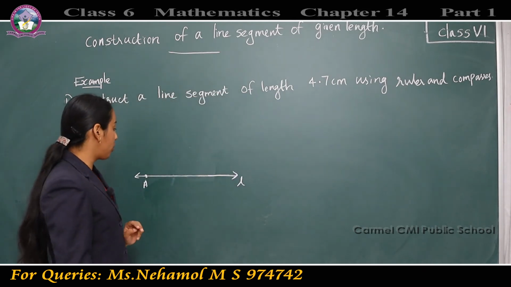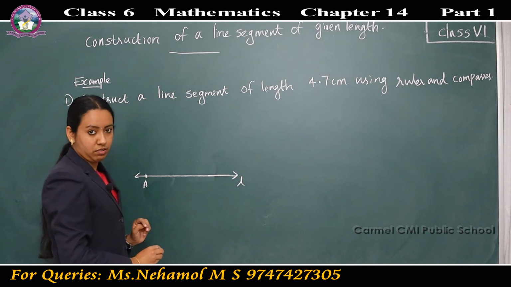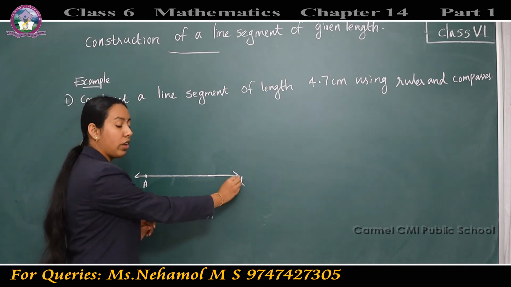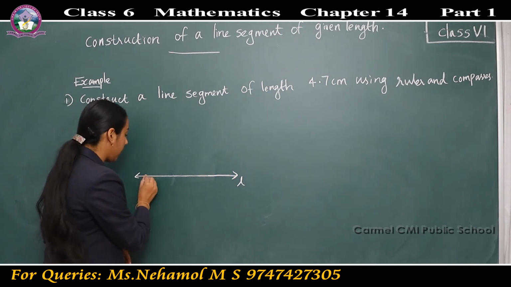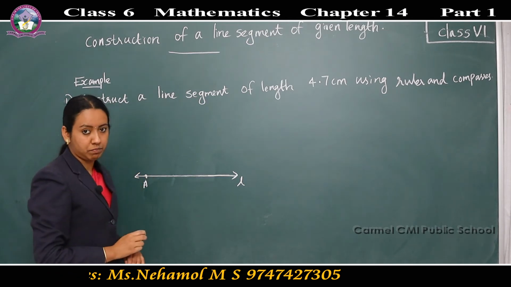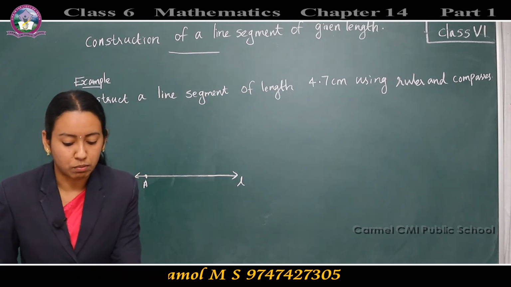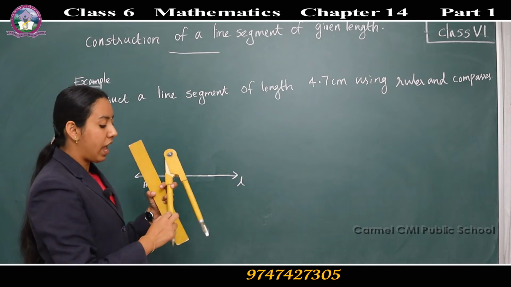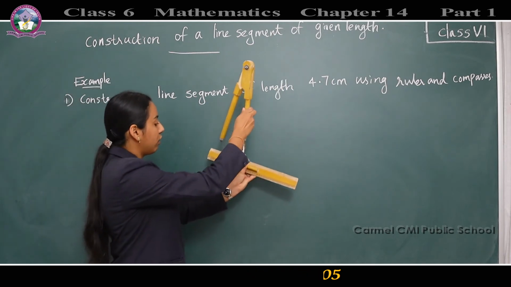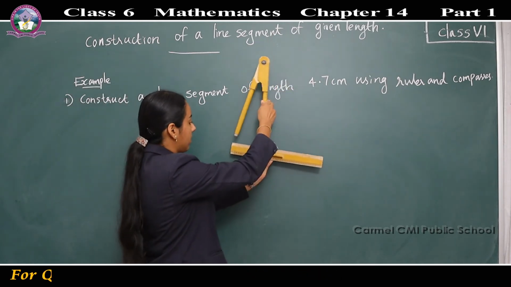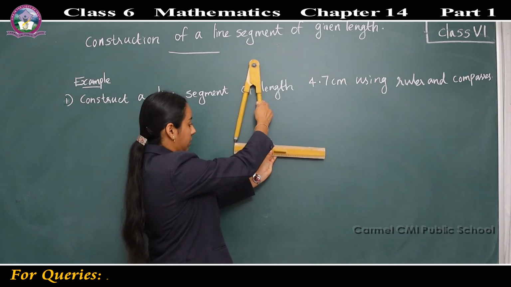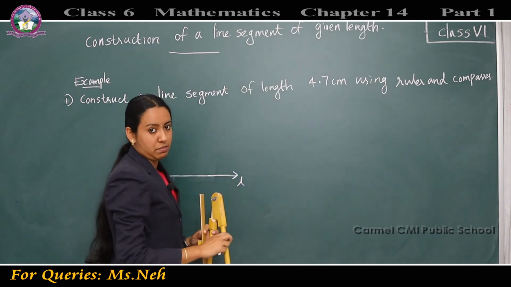First we have to draw a line L and mark a point A on it. Then take the compass, open the arms and take 4.7 centimeter on it. It is 4.7 centimeter.